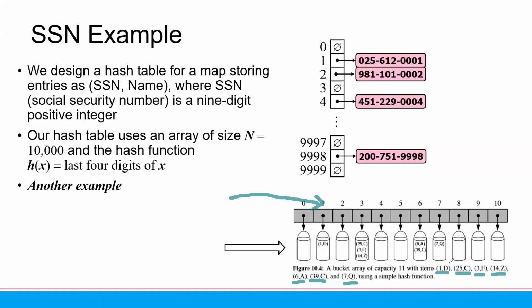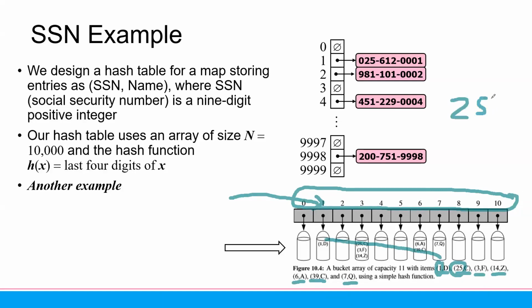Now the idea is, if it is 1, it is easy, it is the index 1. What about 25? Because the size is 11, then 25 mod 11. What is 25 mod 11? It is 3.